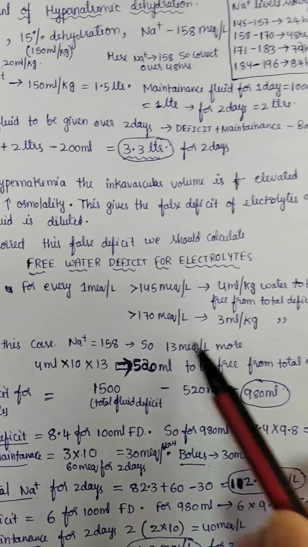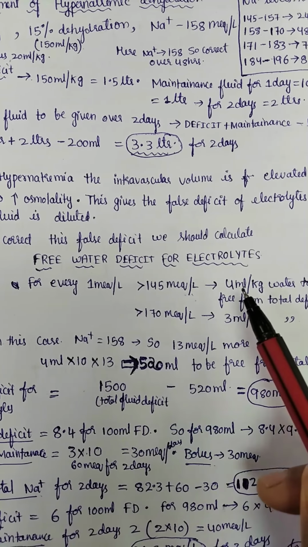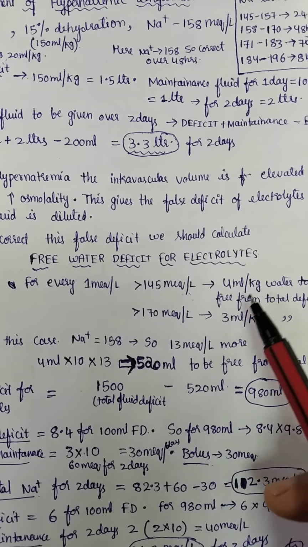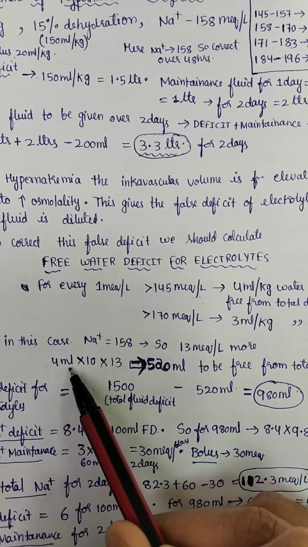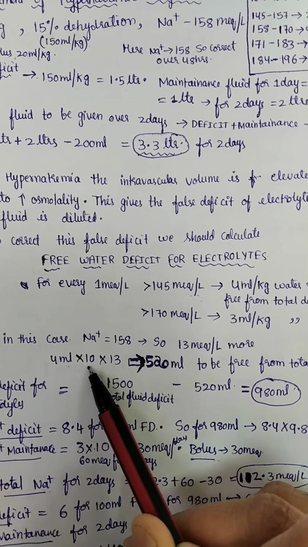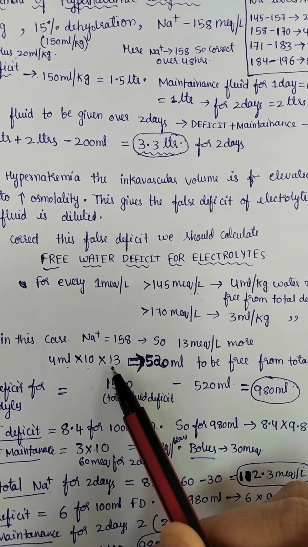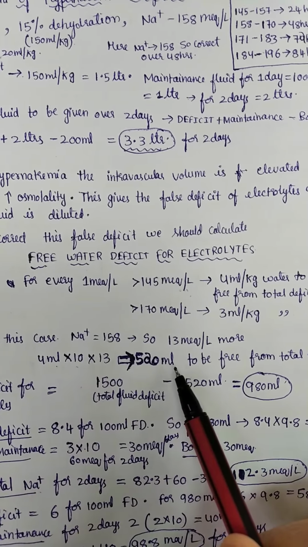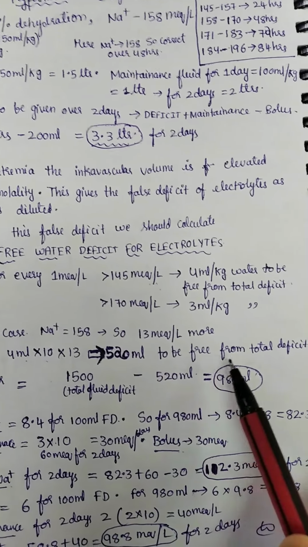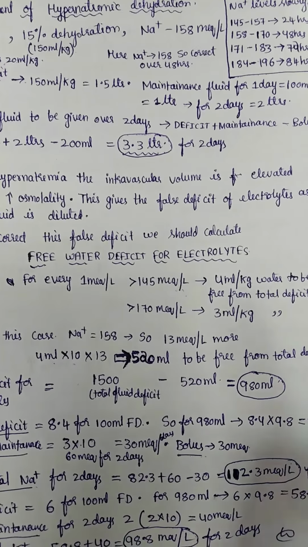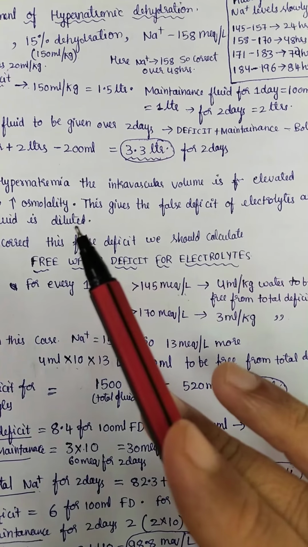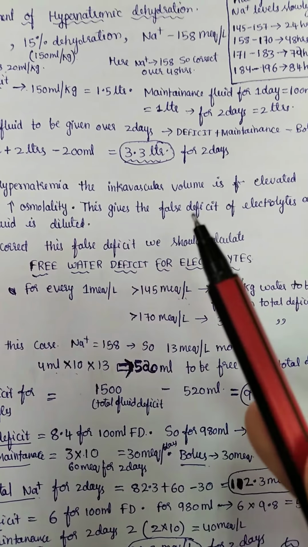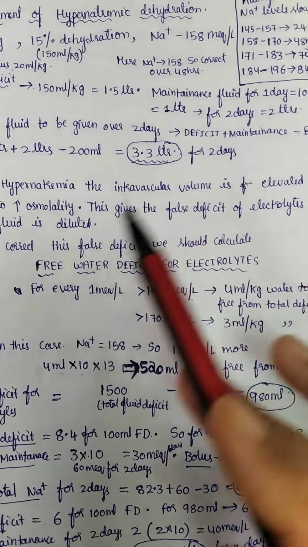So 4 ml times 10 kilos times 13 is 520 ml of water to be subtracted from the total deficit to correct the false reading of the electrolytes.